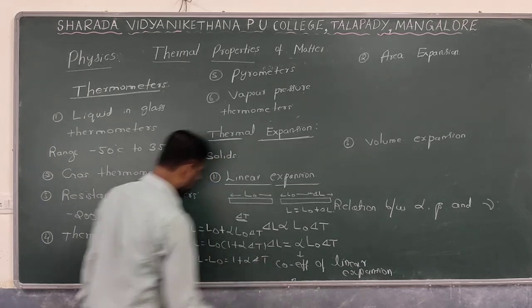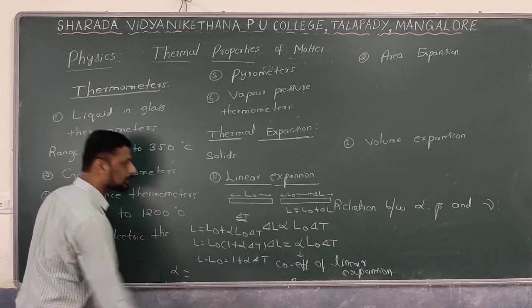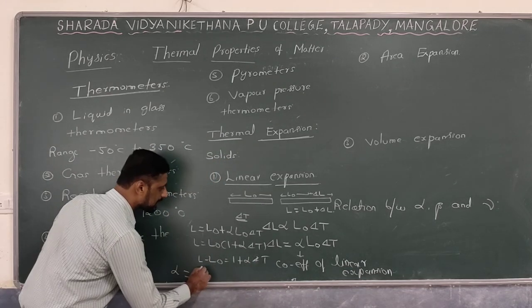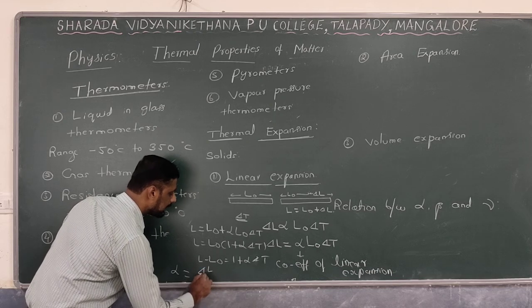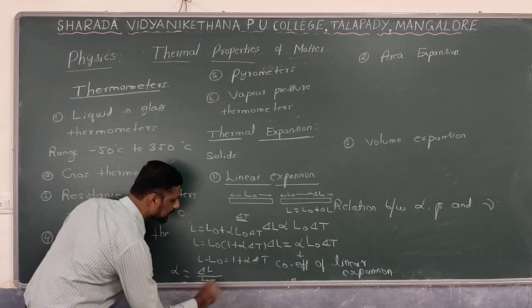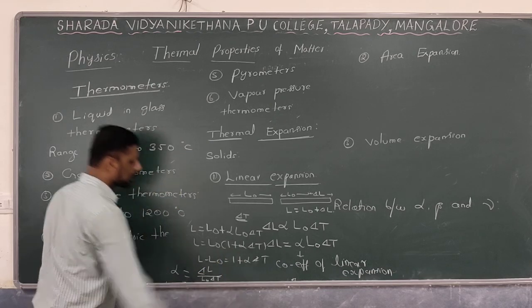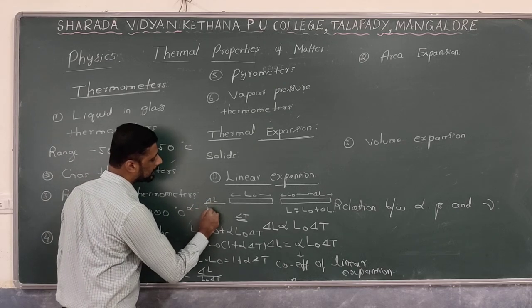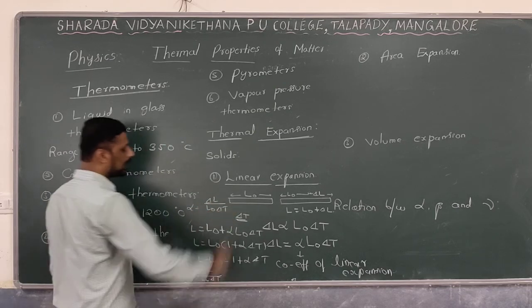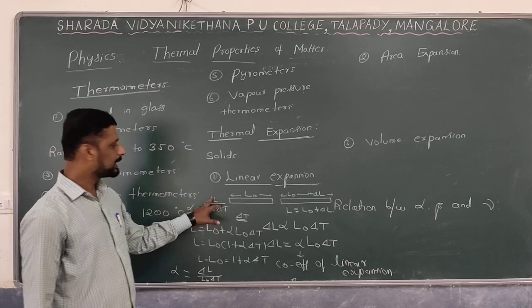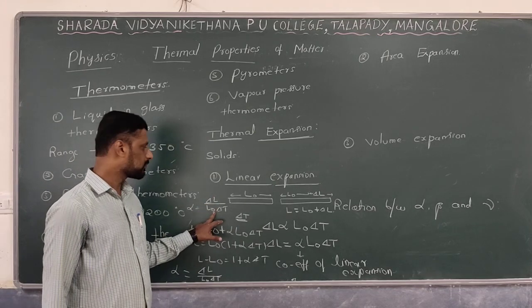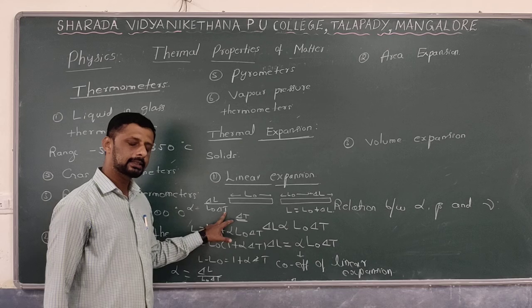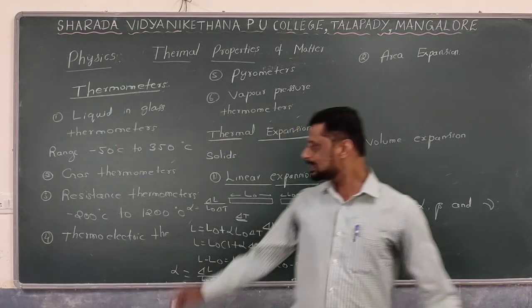So now alpha can be written directly as alpha is equal to delta L divided by L0 into delta T, where delta L represents the change in length, L0 represents the original length, and delta T represents the change in temperature. So what is alpha here?